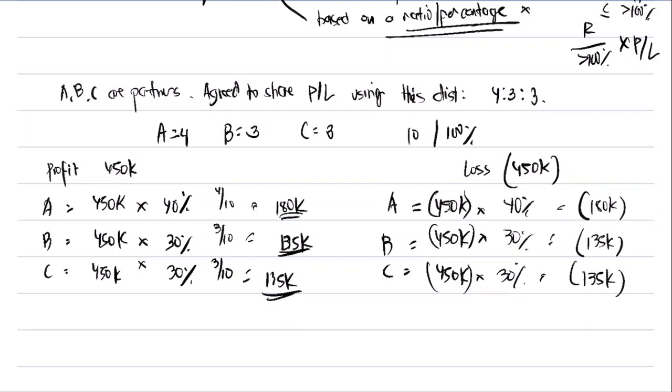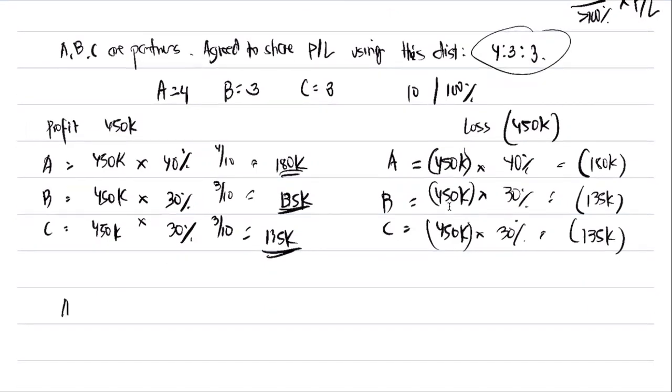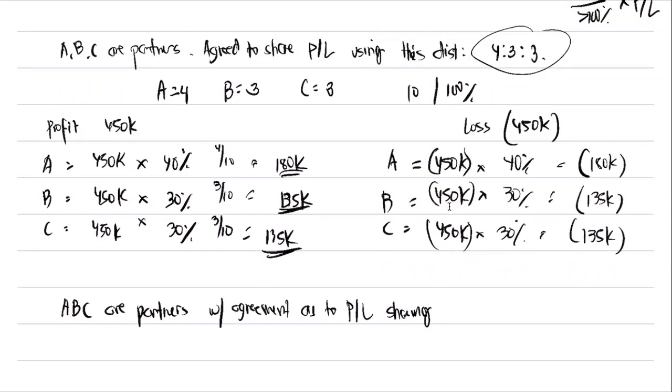Ganun yun, guys. Okay? So 180, 135, 135 for profit or for loss. If that is based on the distribution of the ratio, how about if it's percentage? So A, B, C are partners with agreement as to profit or loss sharing 25%, 40%, and 35%.